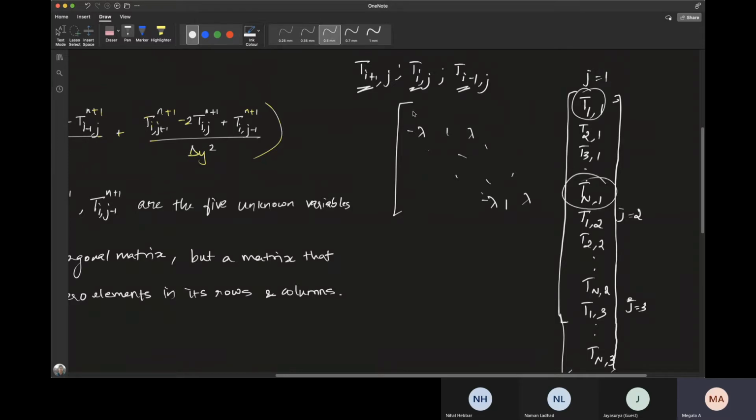You'll have just 1 and lambda over here, or you'll have some different combinations depending on how you treat the boundary conditions. Here again you'll have some lambda, minus lambda and 1. Then again for the next jth value, you again have the same repetition. This same repetition will happen diagonally. So this will be the kind of matrix that you'll get.